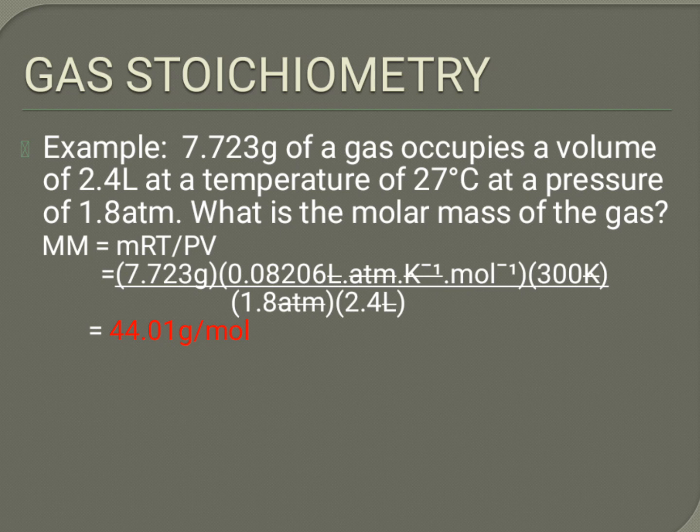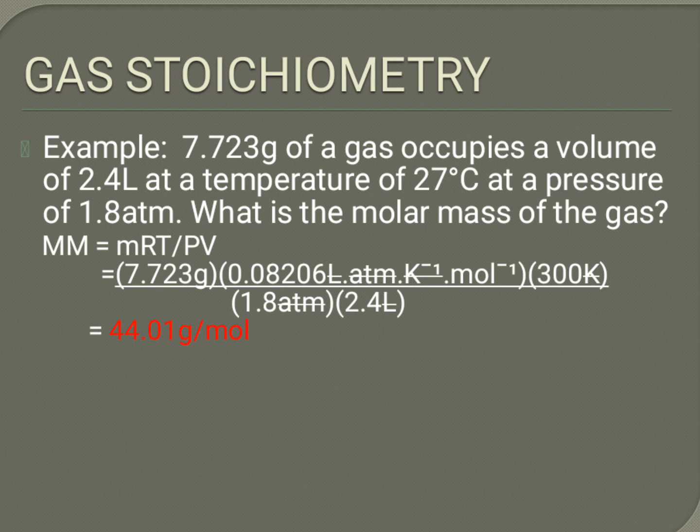You can put MW for molecular weight if you want to distinguish it from molarity. However you want to write this, just know that in this equation, it represents the molar mass. Now to isolate the molar mass, we've got to divide both sides by PV, so the molar mass is equal to mRT divided by PV.